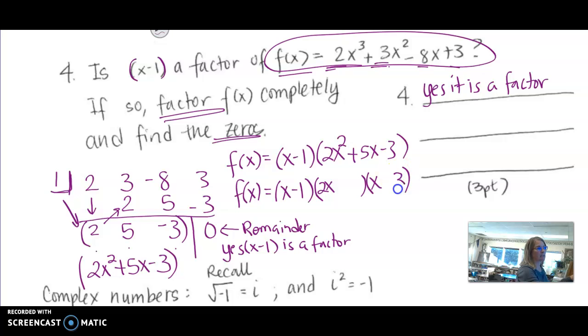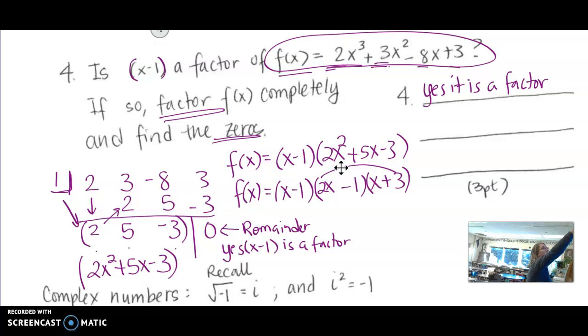If I put a 3 here and a 1 here, I'm going to get a 6 and a 1, which I can get a 5 out of because one has to be plus and one has to be minus. And since it's a positive 5, I want to have it be a positive 6x minus a 1x in that middle to get the positive 5.